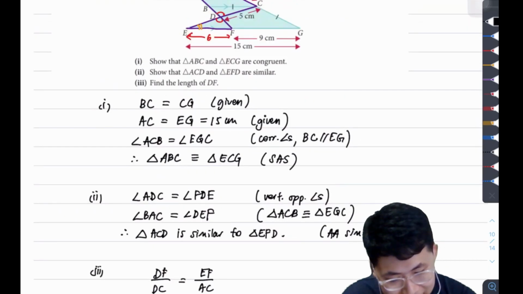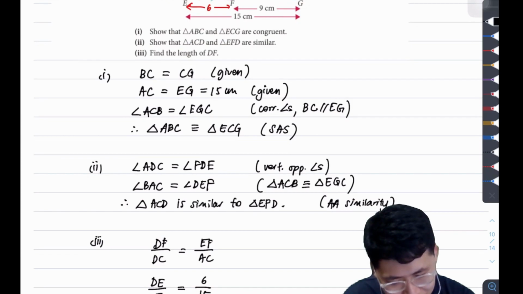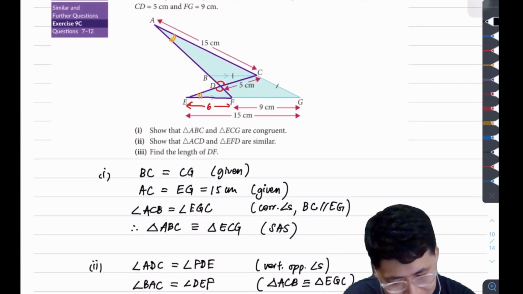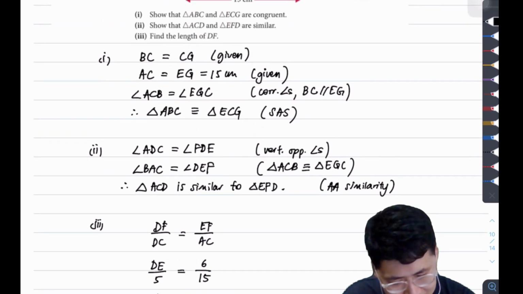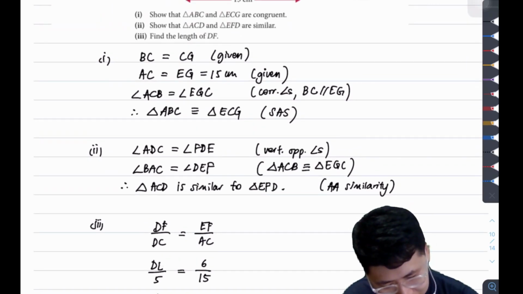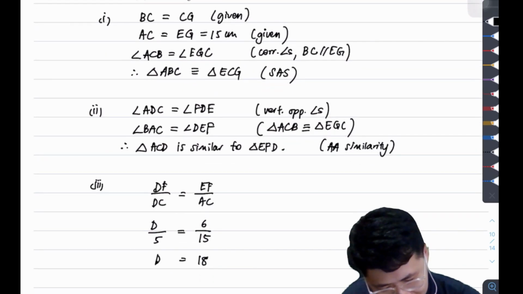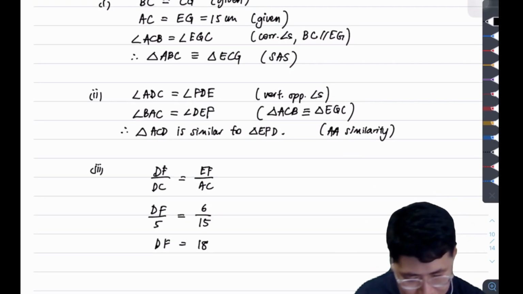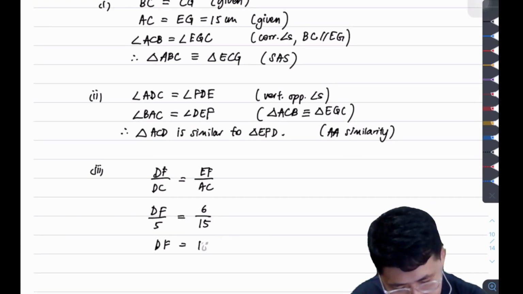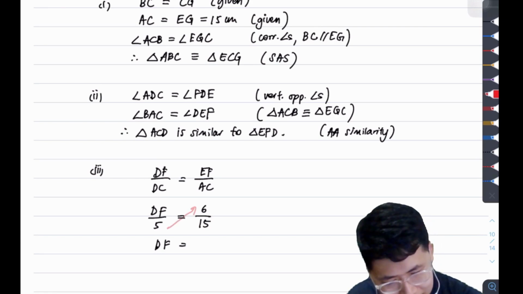Sorry, not DE, DF. Wait a minute, DF. Okay, let me correct this to DF. So DF is going to be, we multiply the 5 over to the other side.